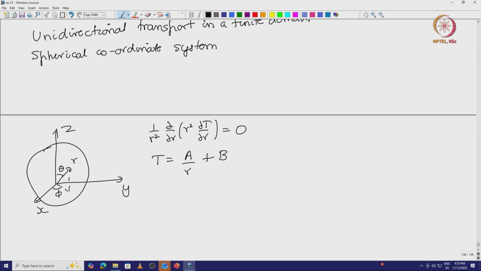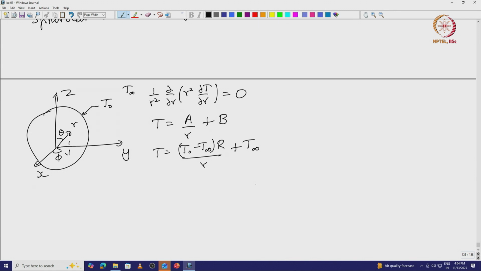So, if I had a spherical particle with temperature T naught at the surface, with temperature T infinity far away, then B is equal to T infinity, and so T is equal to (T naught minus T infinity) times R by r plus T infinity. So, that is the solution for the temperature field.